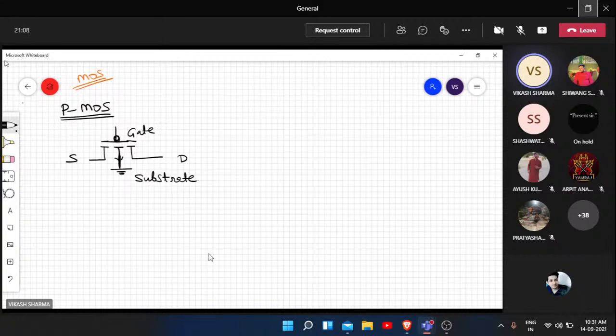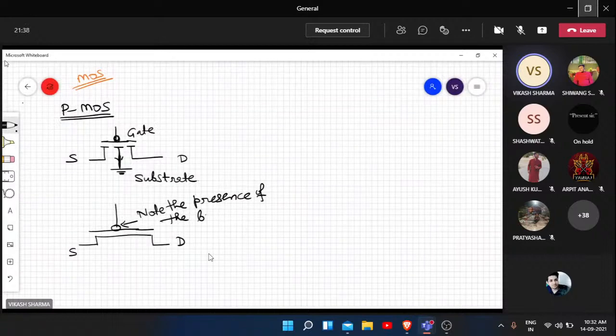So the simplified version will be: if I am finding a bubble, I will assume that it is a PMOS, and if I am not finding a bubble, then it is an NMOS. So the two symbols are differentiated like this.